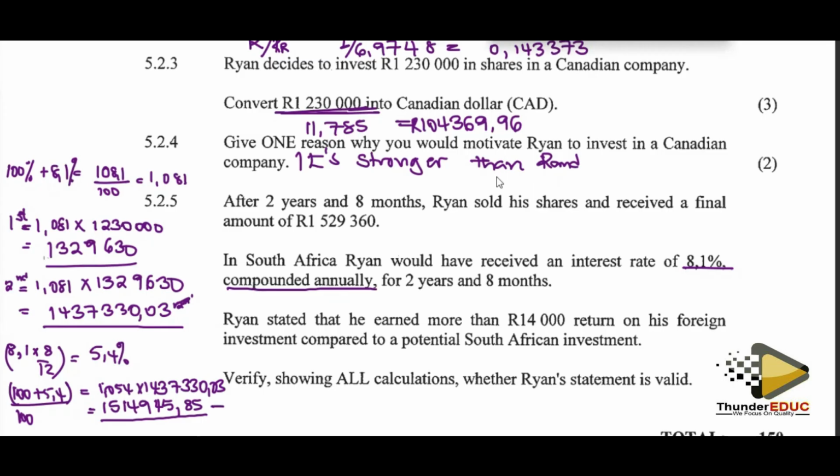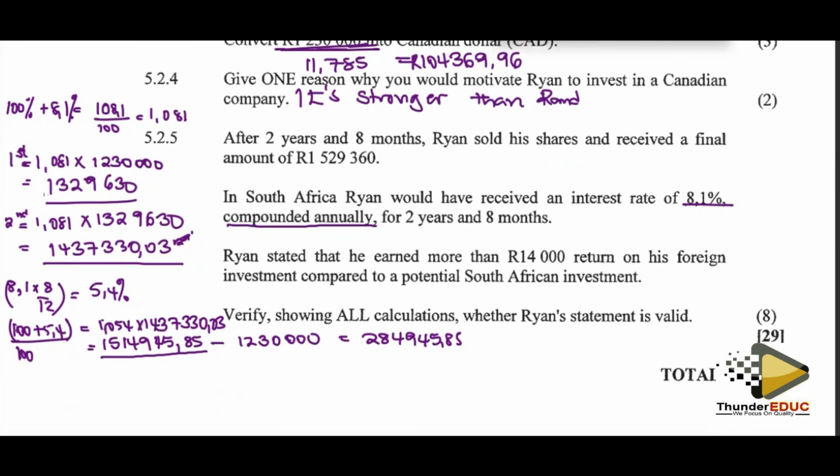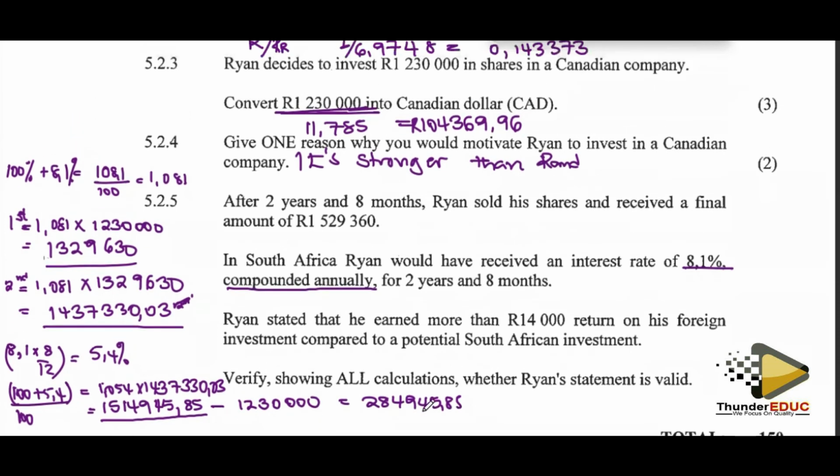So we subtract the money he invested. Indeed, he has more. Thank you very much.